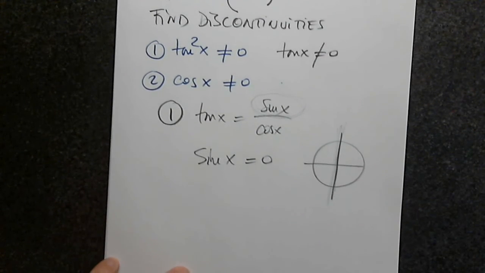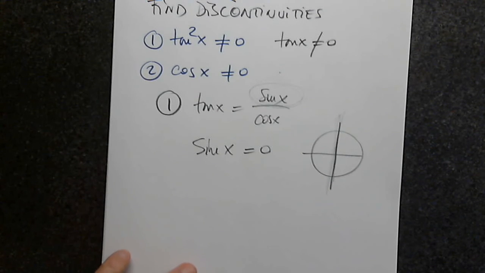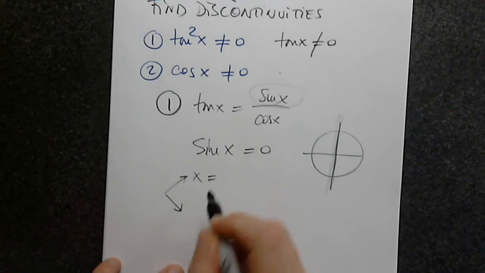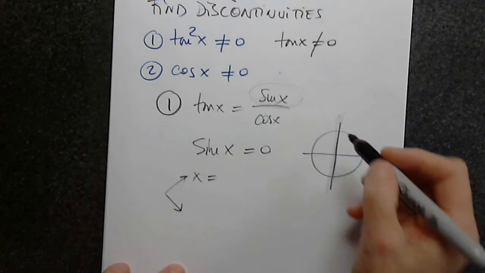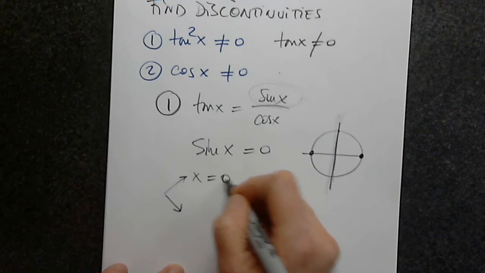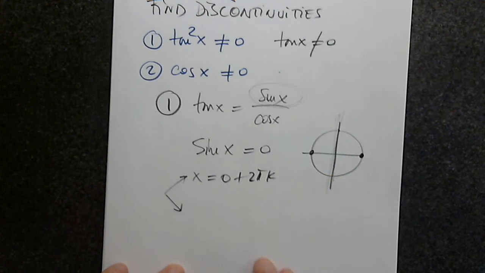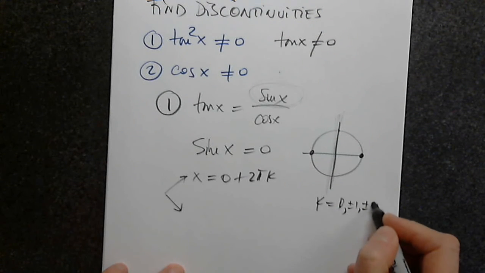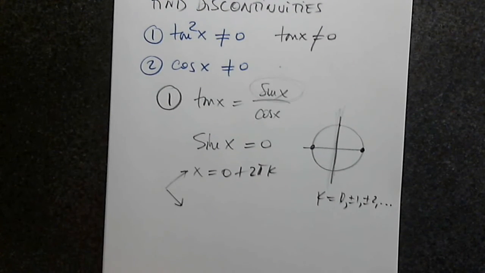So on a complete circle, sine x is zero means that x equals 0 plus 2 pi k, with k equal to 0, plus or minus 1, plus or minus 2, and so on.